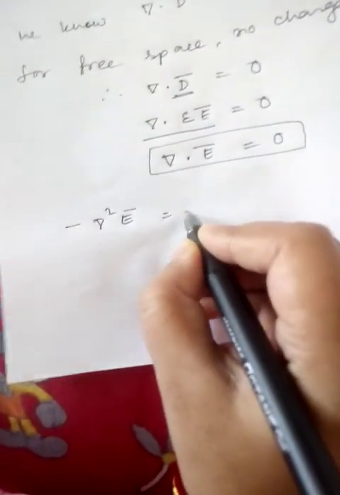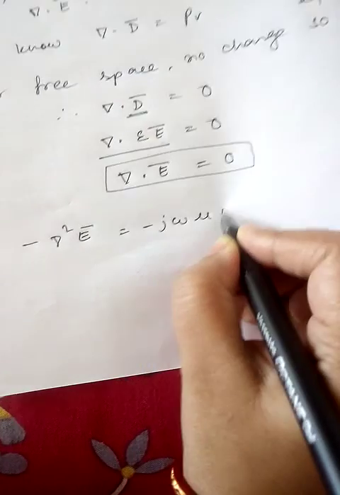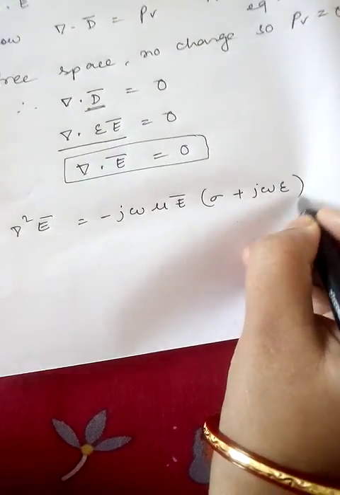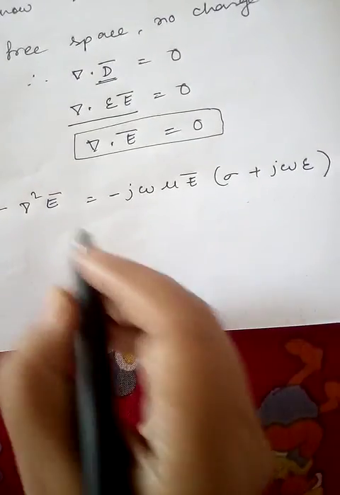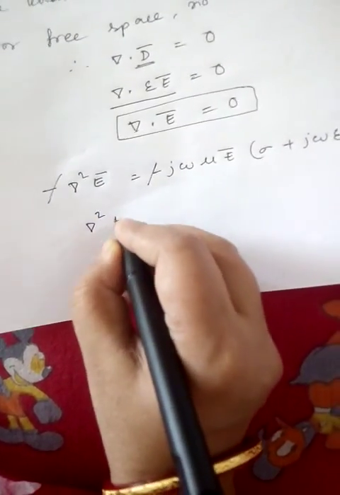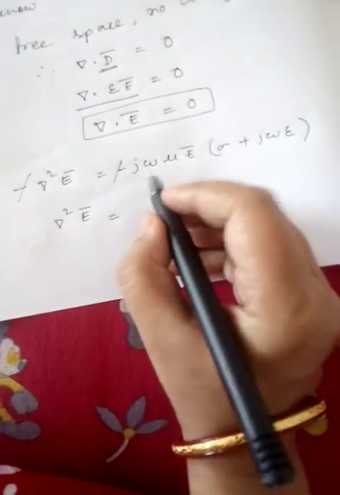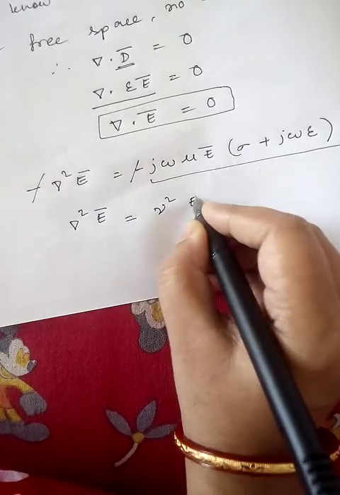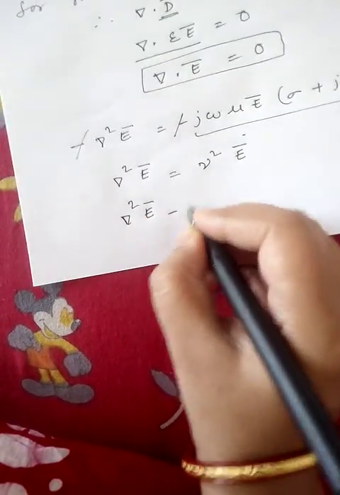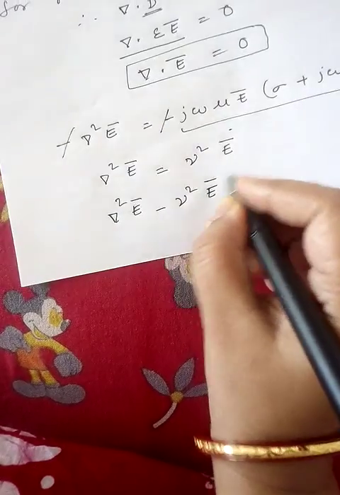Minus del square E is equal to minus j omega mu E times sigma plus j omega epsilon. Minus minus cancels out. I can write del square E is equal to, whole this taken as gamma square, into E, which can be written as del square E minus gamma square E is equal to 0.